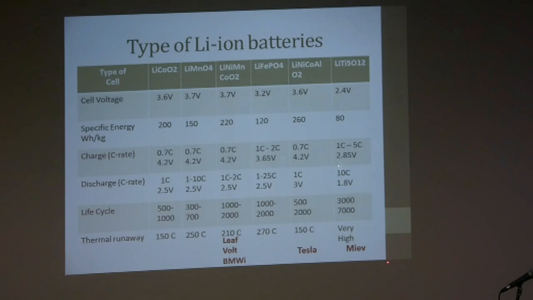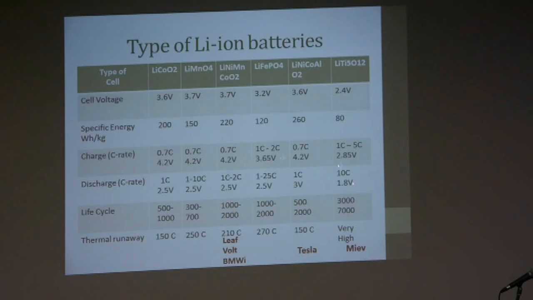This is the Mitsubishi EF. Now this is an interesting battery because it's the worst from a specific energy point of view. So there's the most battery, the biggest battery for the amount of energy, but that's the only disadvantage. The rest is all better.